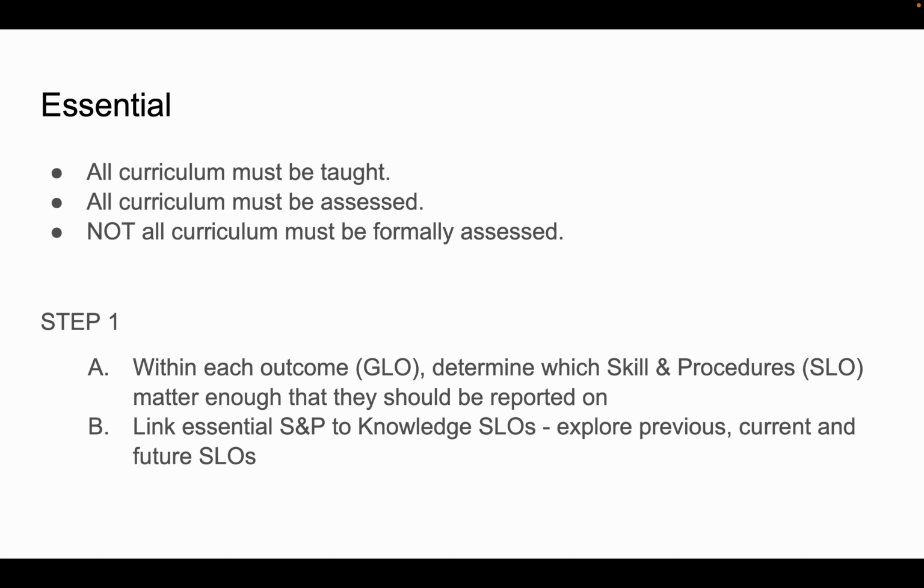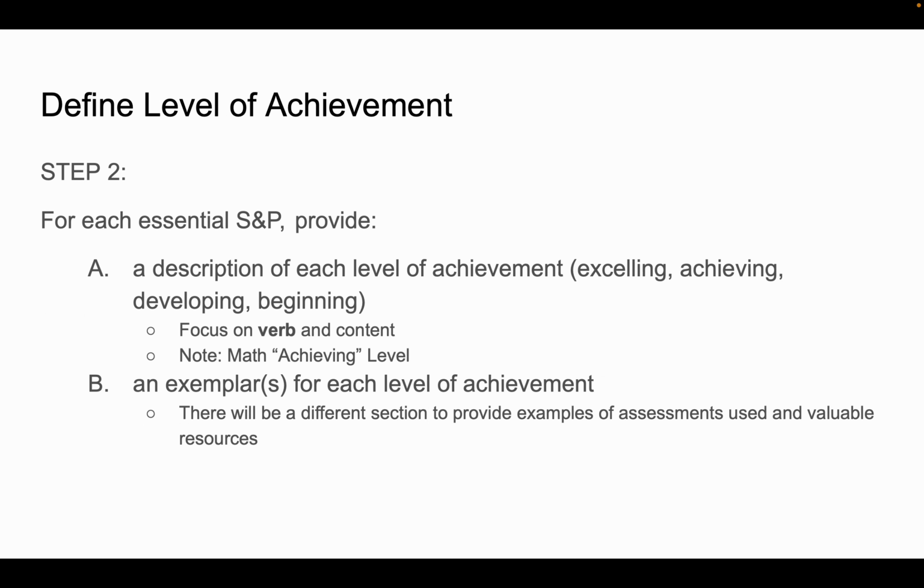And then for each of those that you choose, we want you to link the essential skills and procedure to the knowledge specific learning outcomes, looking at previous, current, and future grades in order to fully understand the expectation that that skill and procedure is at that grade level. We want to know what the level of achievement should be.